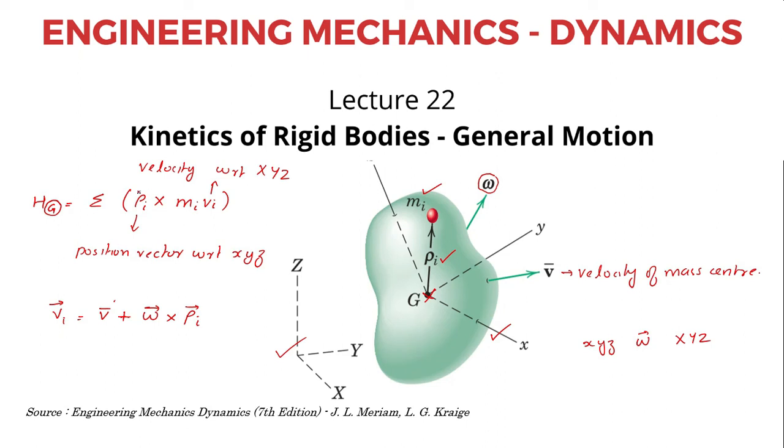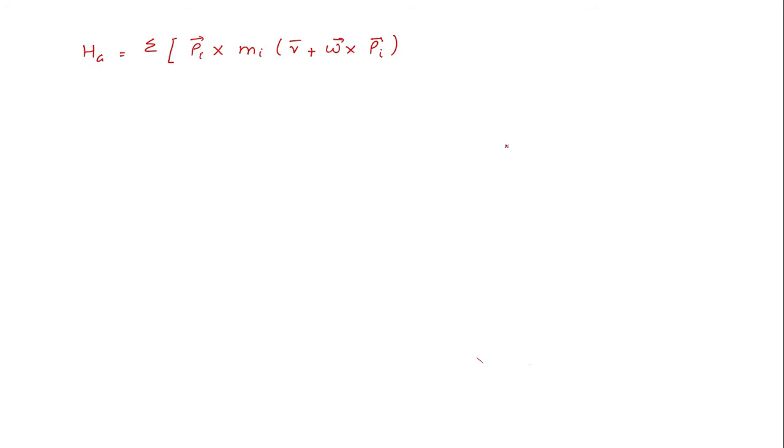I hope you can understand that. If I expand this equation, I would get sigma rho i cross mi v bar plus sigma rho i cross mi into omega vector cross rho i vector.